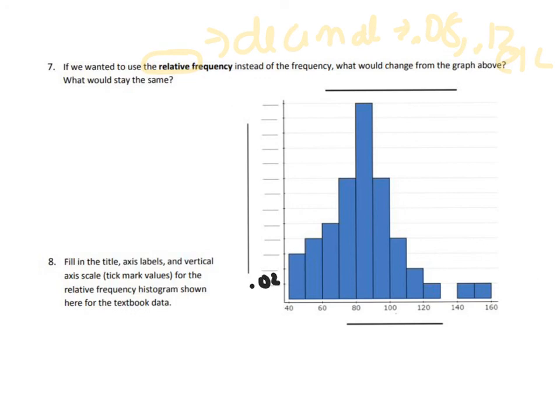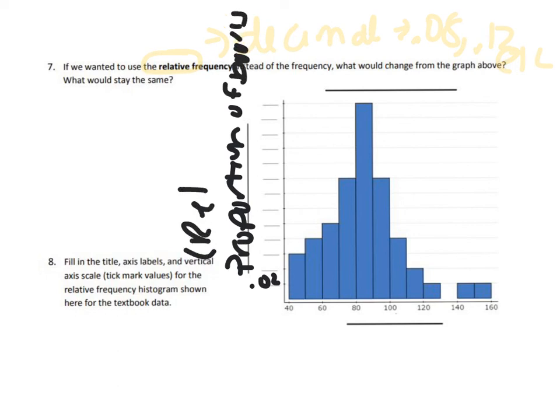And so those are being the 0.02. So this over here is your proportion of books. This is your relative frequency.